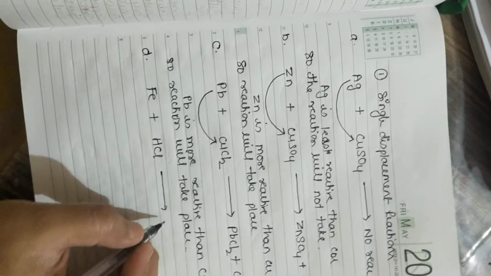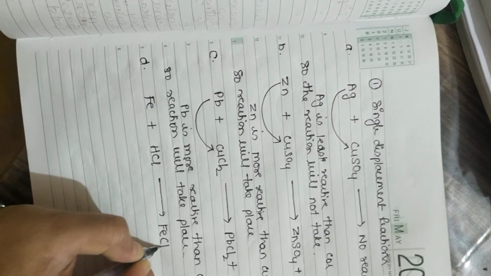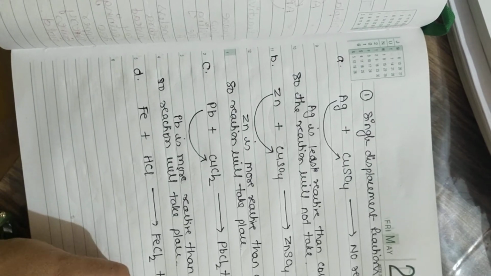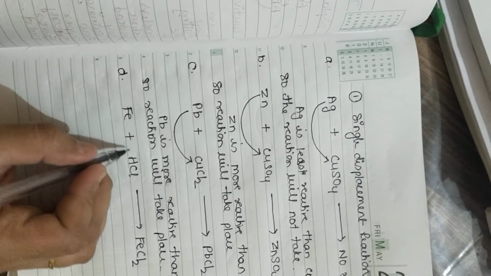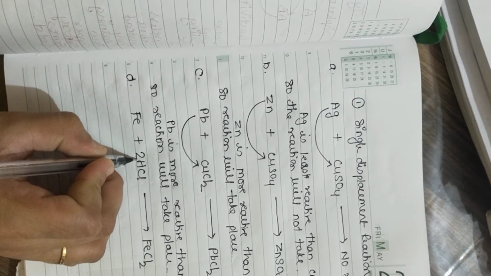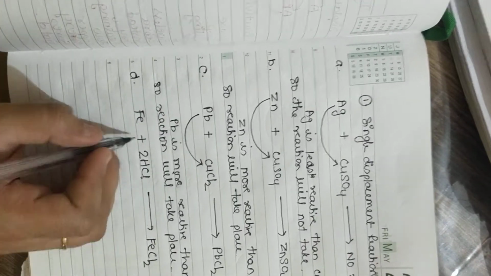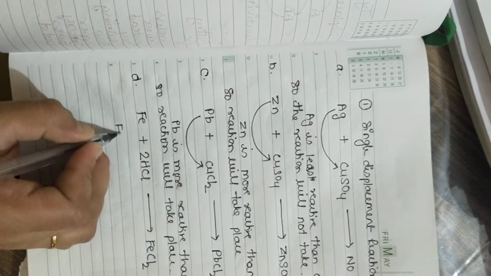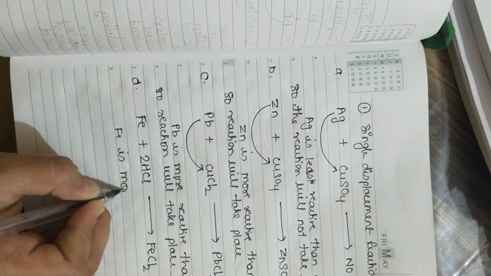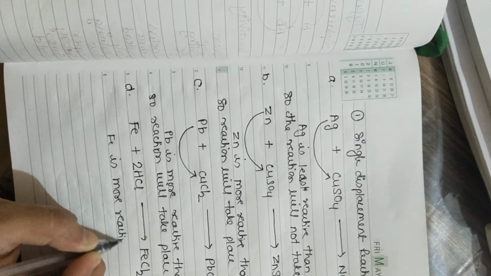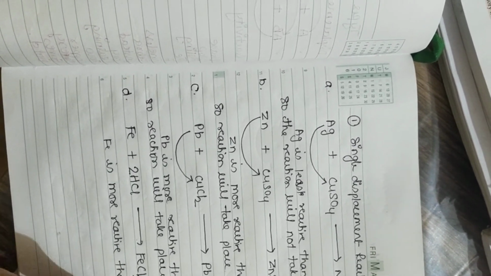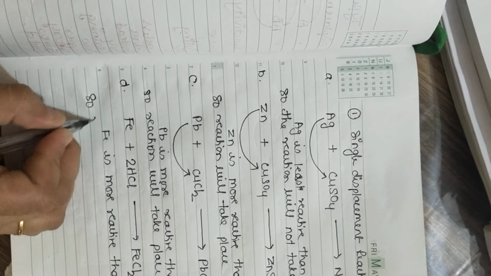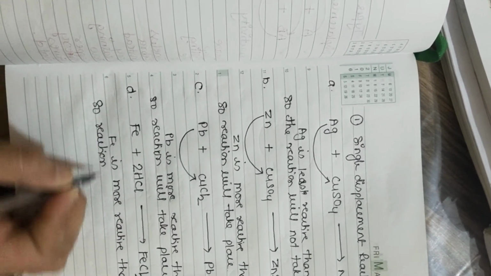So it is possible. It is FeCl2 and H2 gas will be released, so we will balance it by keeping 2 here. Now it is balanced, so we can say iron is more reactive than hydrogen, so the reaction will take place.